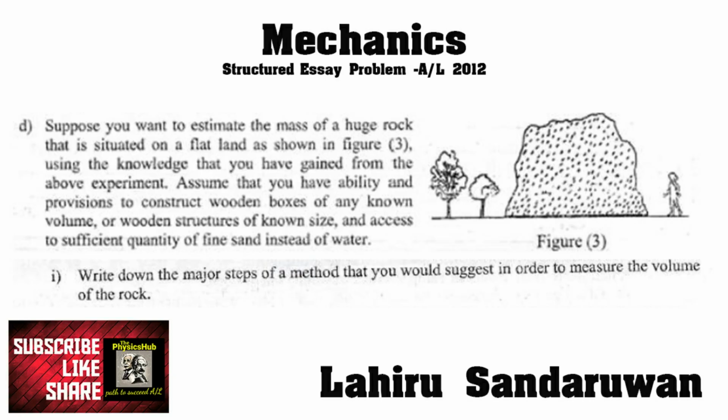In part D, suppose you want to estimate the mass of a huge rock that is situated on flat land as shown in figure 3. Using the knowledge that you have gained from the above experiment, assume that you have the ability and provision to construct wooden boxes of any known volume or wooden structure of known size, and access to a sufficient quantity of fine sand instead of water.